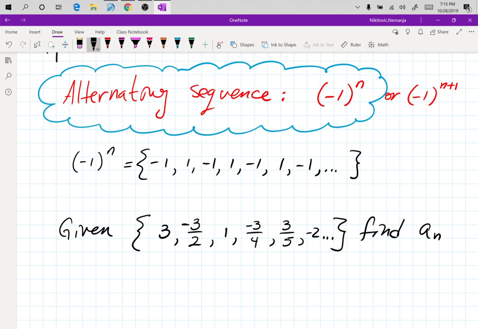All right, so what's my sequence? Is it obvious or hard? It's 3 and the alternating sequence over n. Excellent.